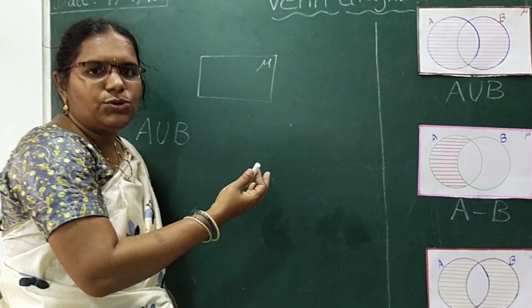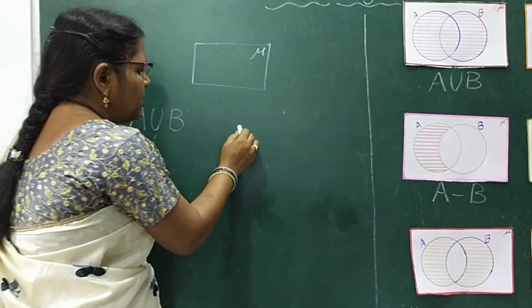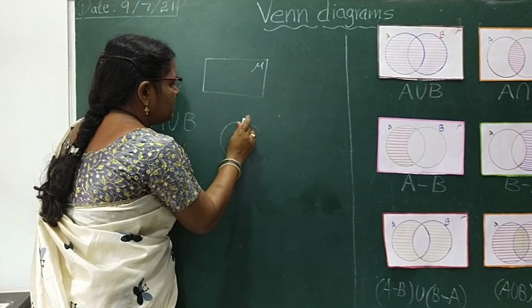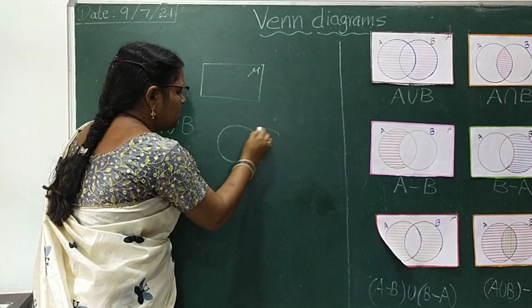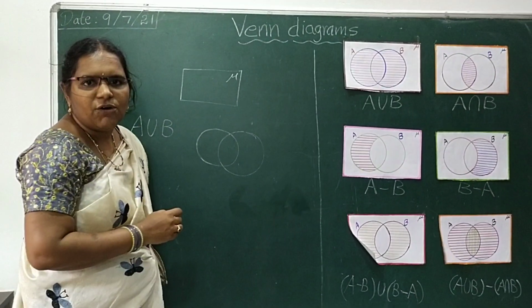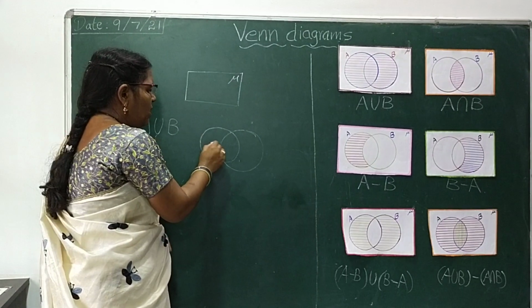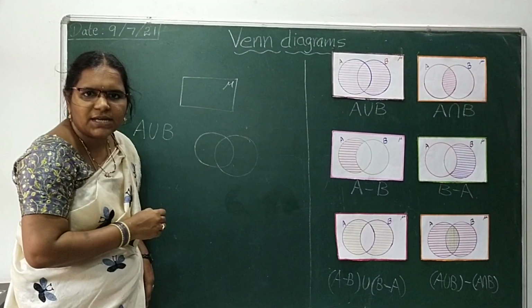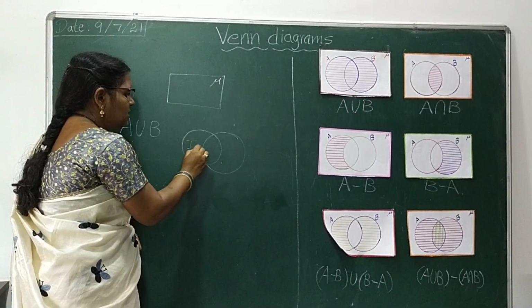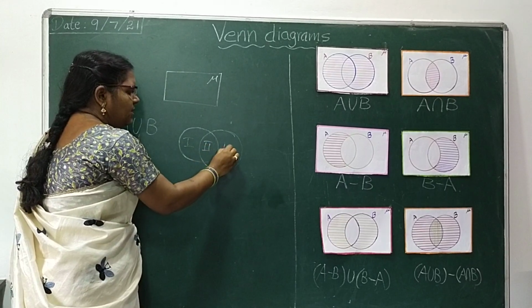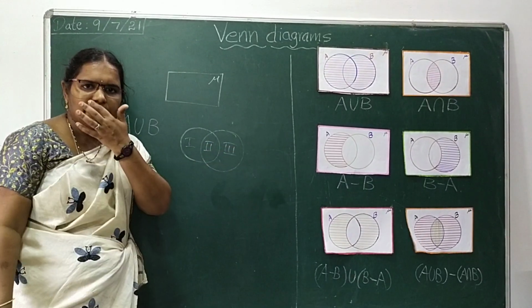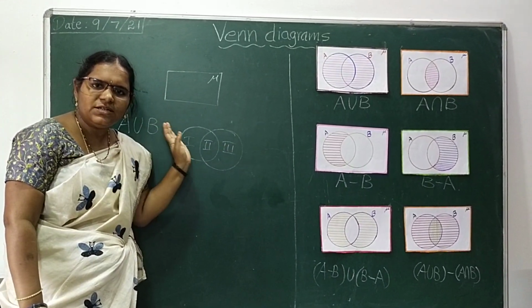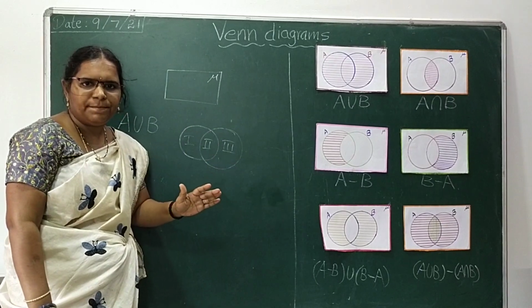Let us see how to remember these shapes. Generally, if two circles intersect, how many parts do we have here? 1, 2, 3. Three parts are there. First part, second part and third part. A union B means all three parts together will come.